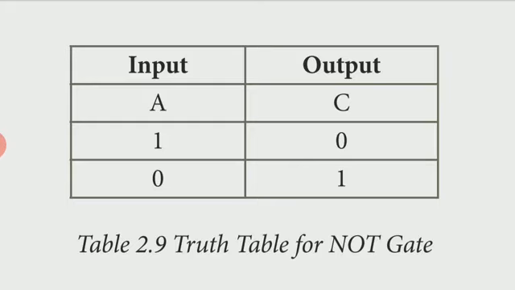This is the output. The input is 1, the opposite of 1 is 0, so that is the answer. Here the input is 0, so the opposite of 0 is 1. That is the output. Okay, so these are the basic logic gates.